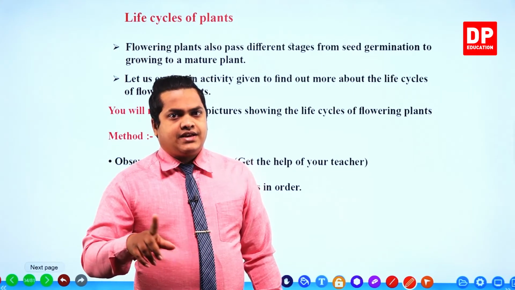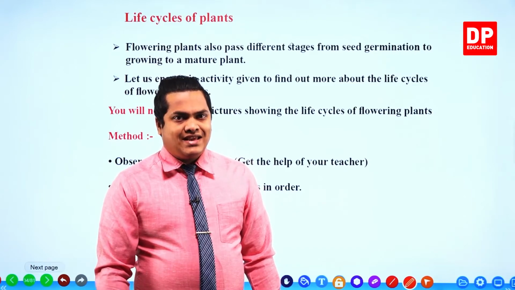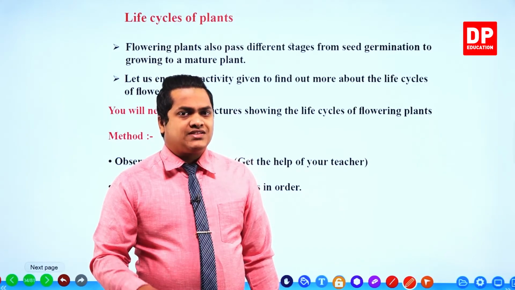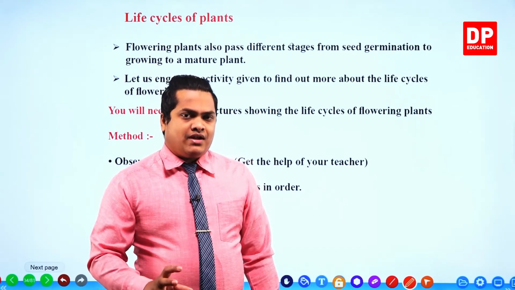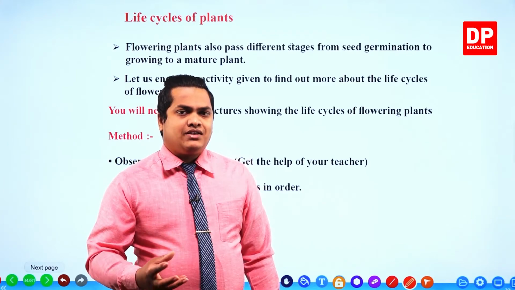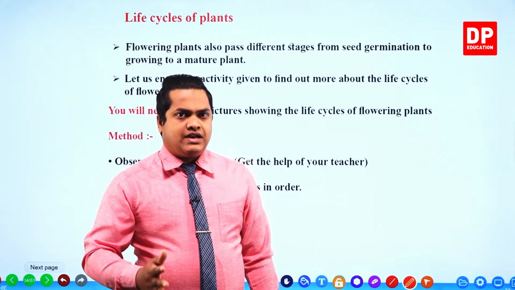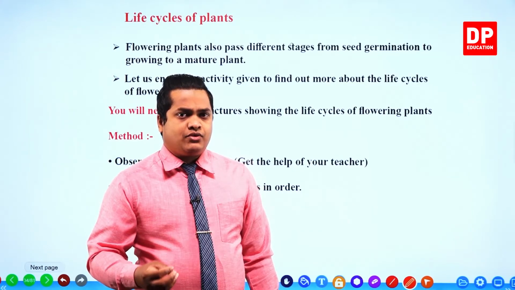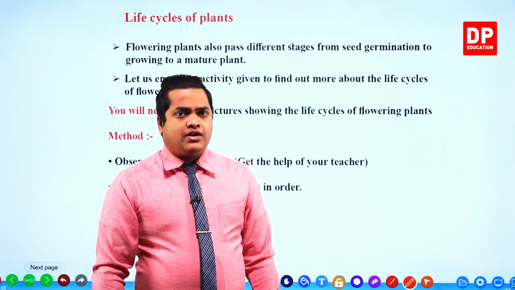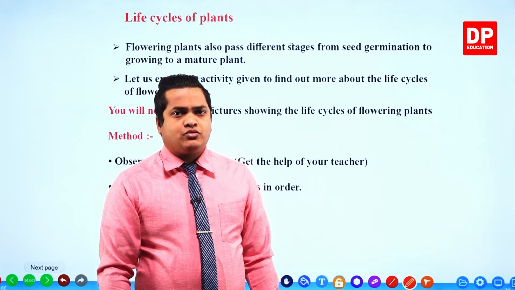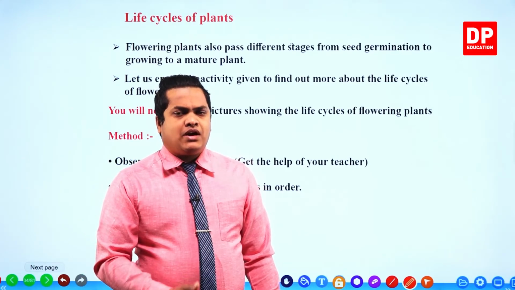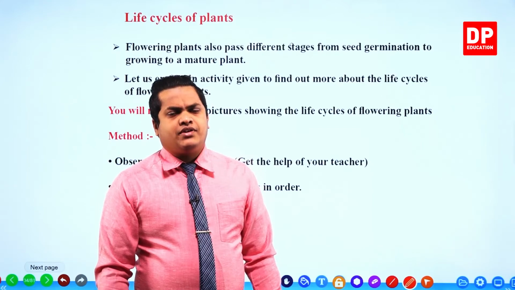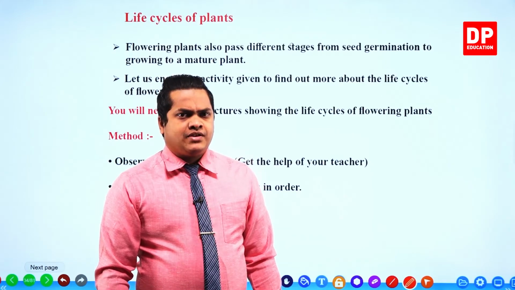Then the seed gets converted into a seedling or plantlet. After growing to a certain level, that plantlet is very similar to the mature plant. Then gradually it grows and converts into a mature plant.